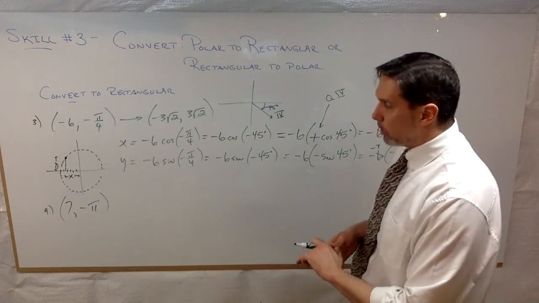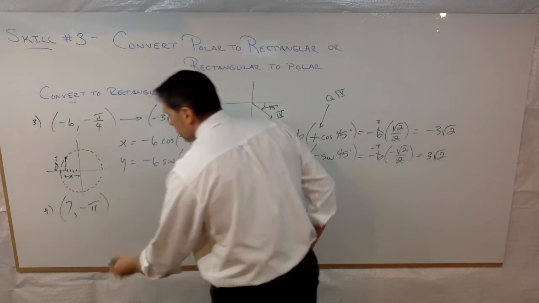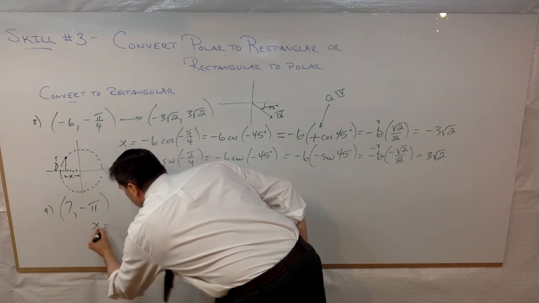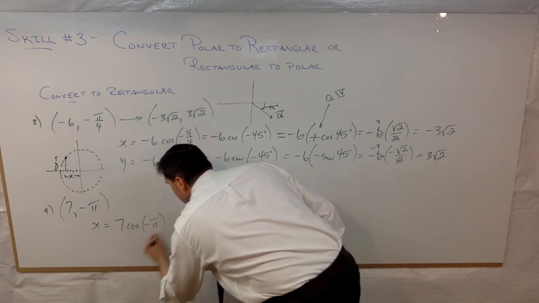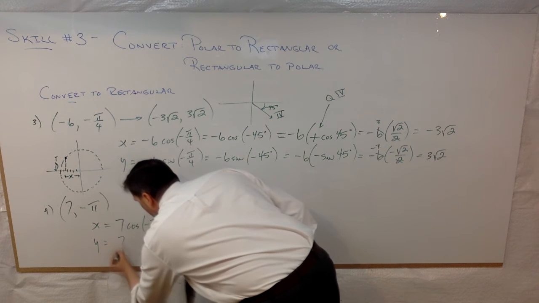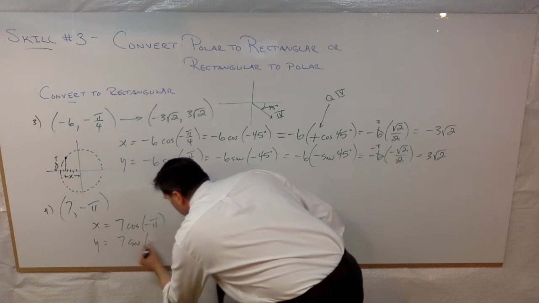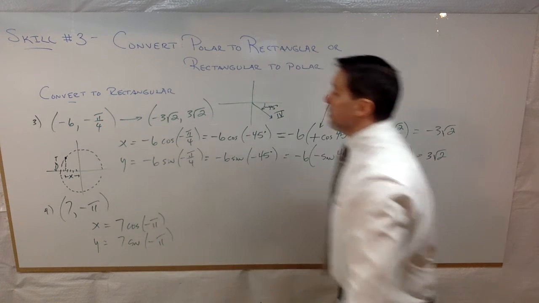That's my polar coordinate. I want to go to rectangular, so let's get right to it. Your x is your r times the cosine of negative pi. Your y is your r times the sine of negative pi.